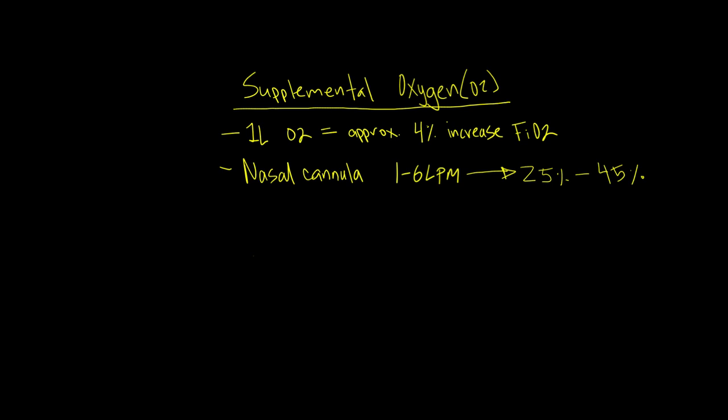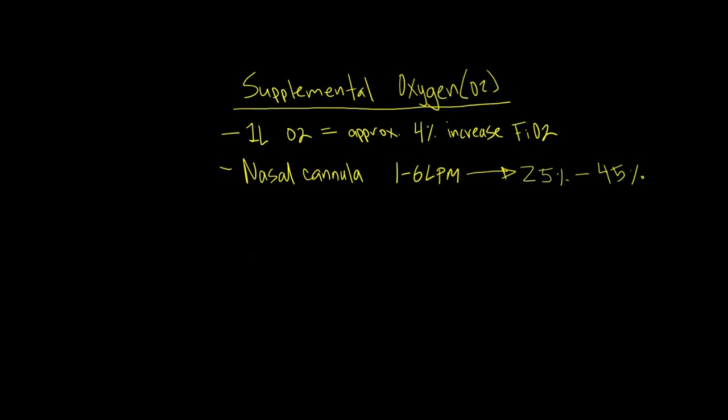And if you continue adding liters of oxygen, increasing the FiO2 with every liter, you'll max out at 45% FiO2 once you hit that 6 liters per minute max of the nasal cannula. So nasal cannula gives you about 25 to 45% FiO2, depending on how many liters, either 1 liter of oxygen all the way up to 6 liters per minute.